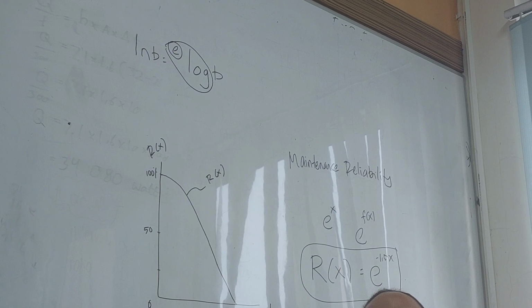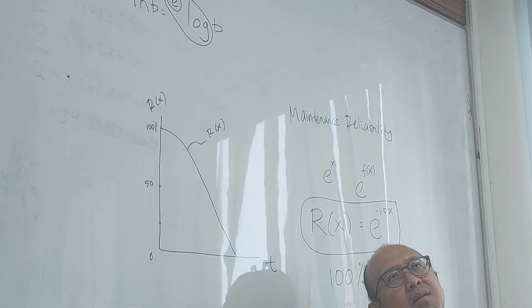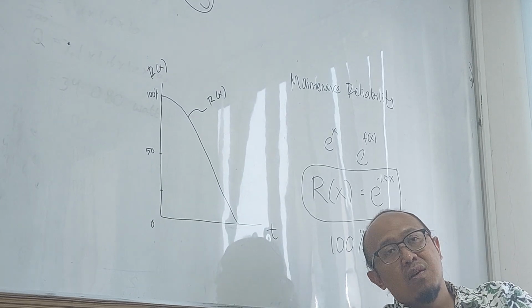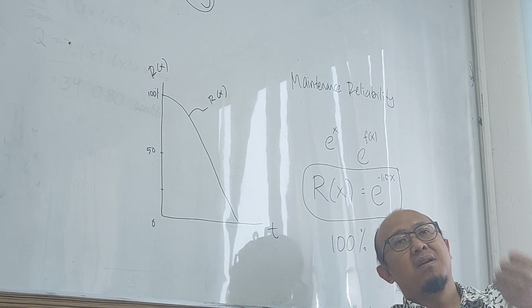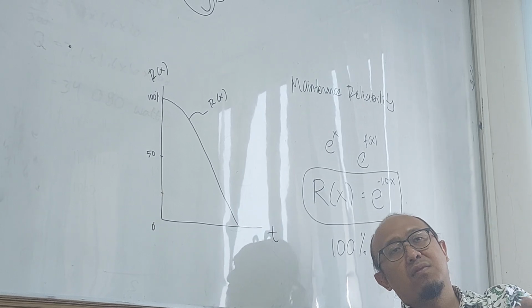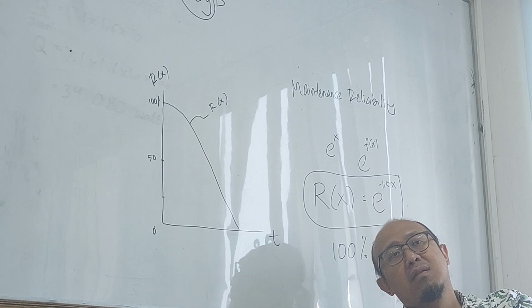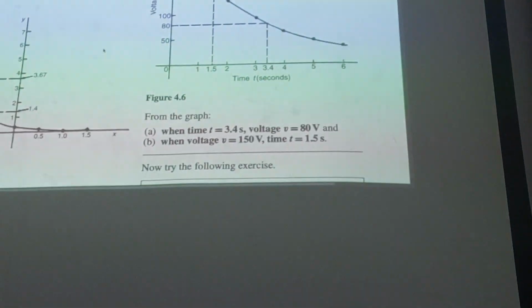For example, in the upstream side for drilling, they use many pumps. They also use compressors, heat exchangers, turbines, motors, combustion, and many other types. All the equipment will need the calculation of maintenance reliability.